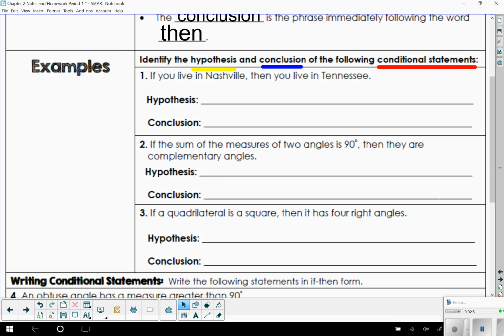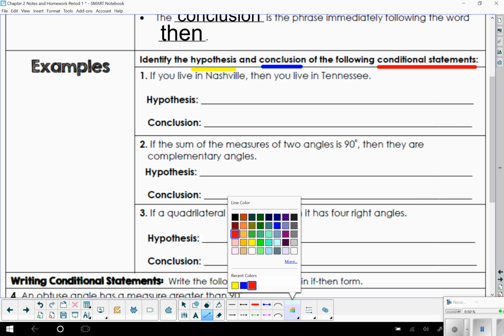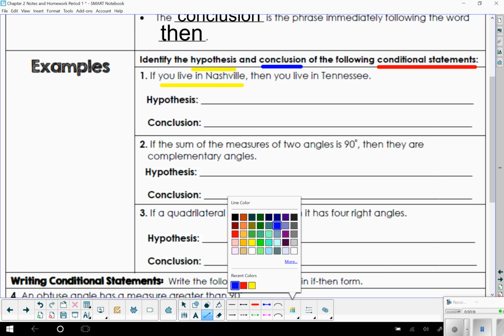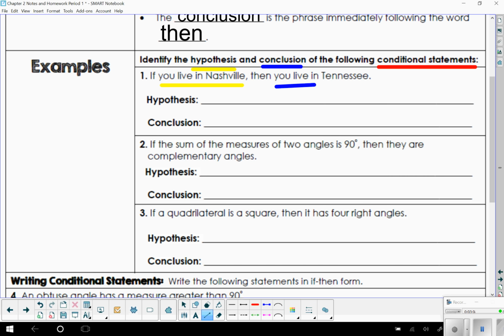Your hypothesis, remember, is going to be right after the if, but right before the then. And then your conclusion is going to be what's after the then. You're not including the then. You're not including the if.